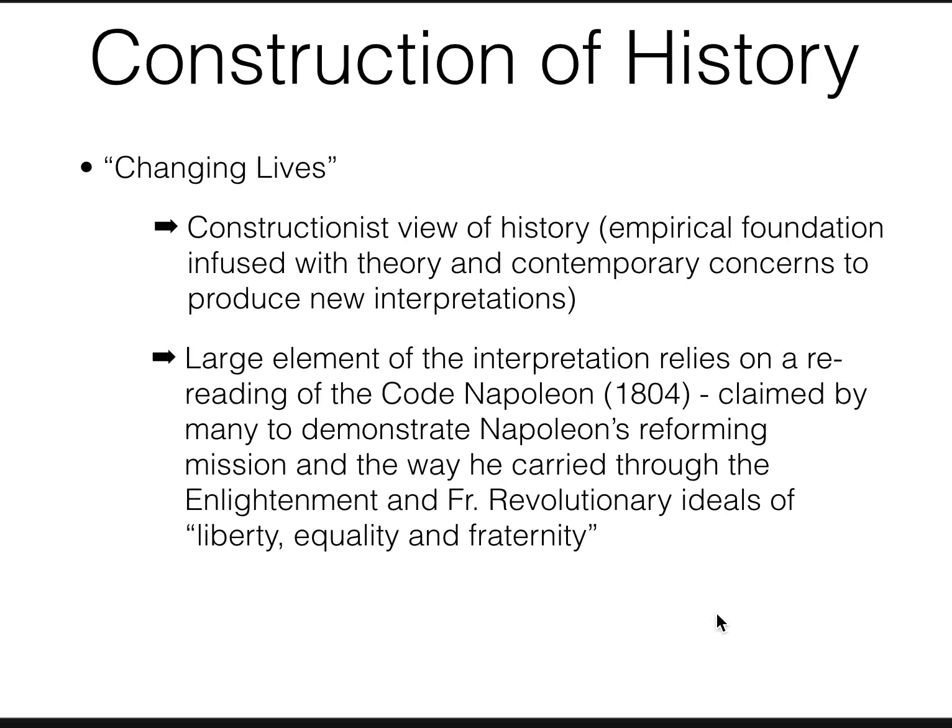A big part of how she comes to her interpretation is not necessarily by going out and trying to find a stack of new evidence, although she does that. In her writing of the section that relates to Napoleon, a big part of what she's doing is the rereading of old sources that we talked about before.